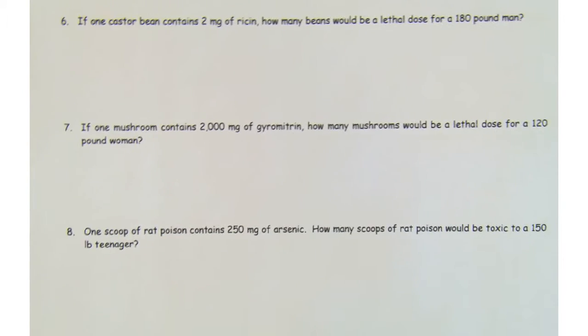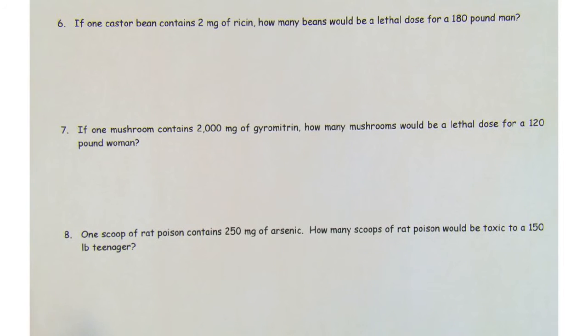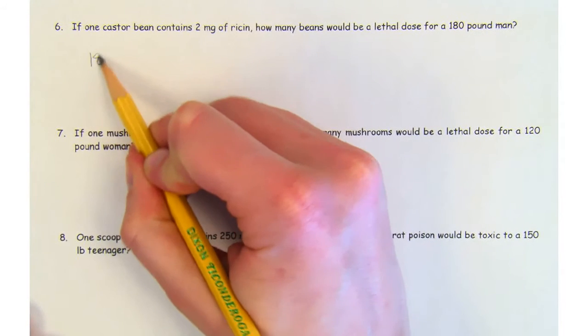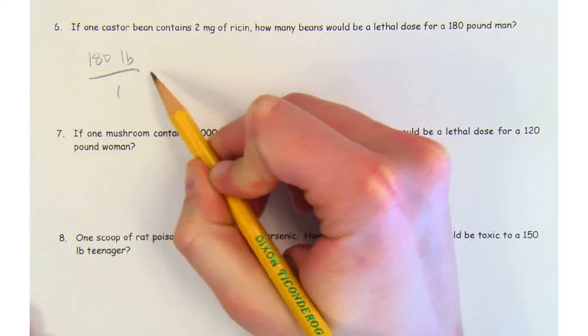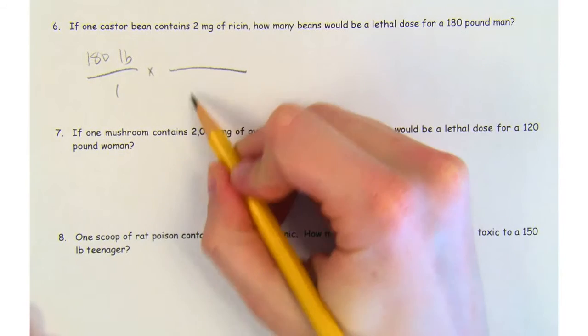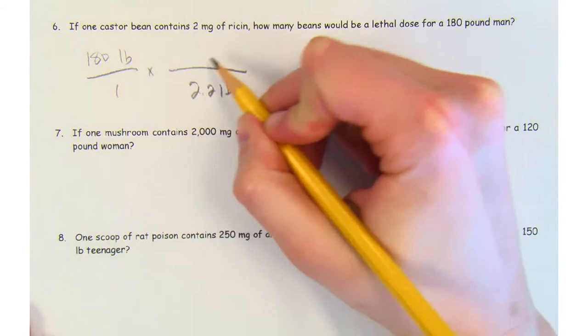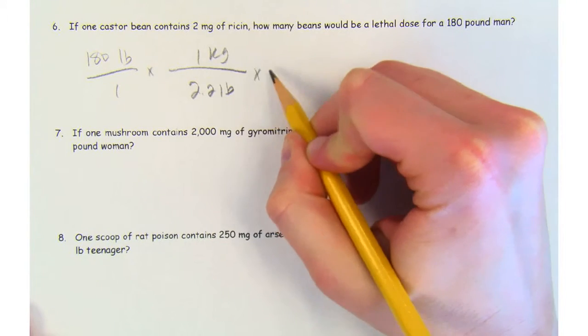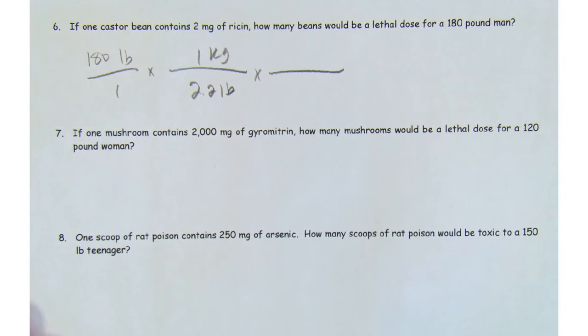These next problems are going to start off the exact same way. You're still going to start off with the person's weight, put it over 1. There's only one place you can go from pounds. This is ricin we're talking about, so you need to use the lethal dose for ricin.